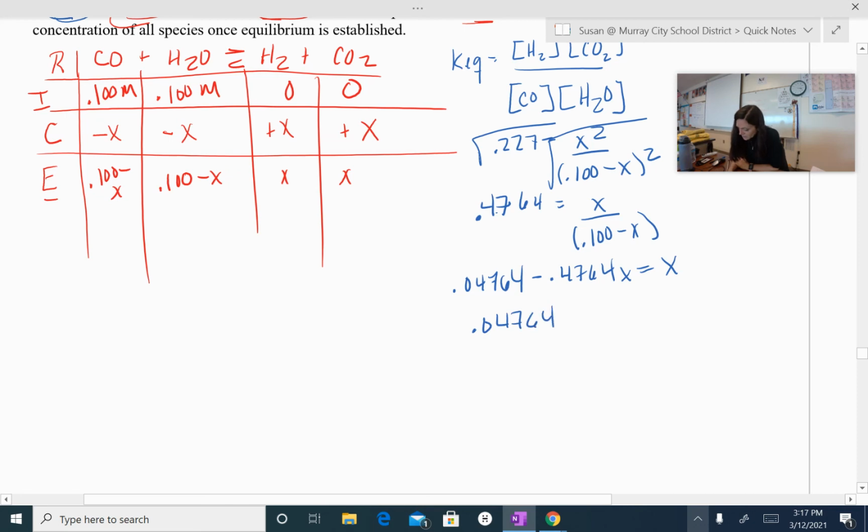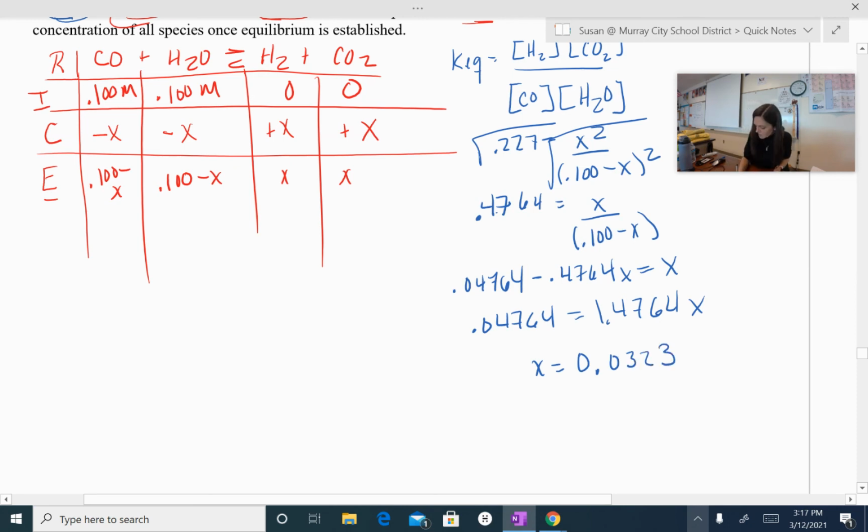And then we're going to have 0.04764 is equal to 1.4764X. Okay. And then if we do that, we get X is equal to 0.0323.